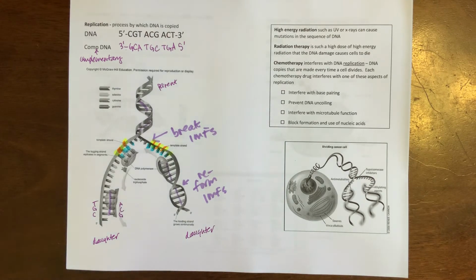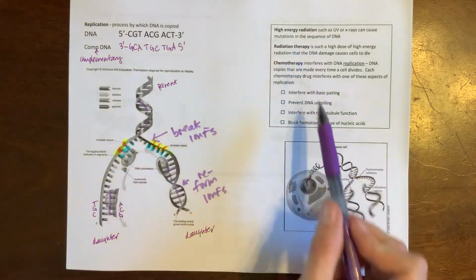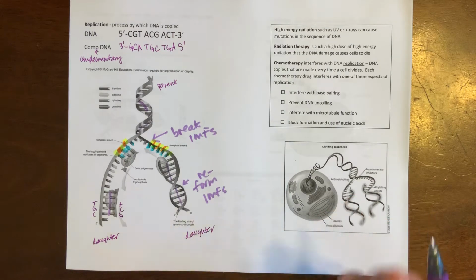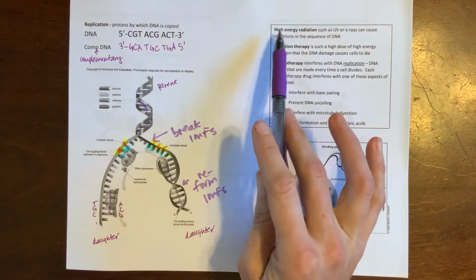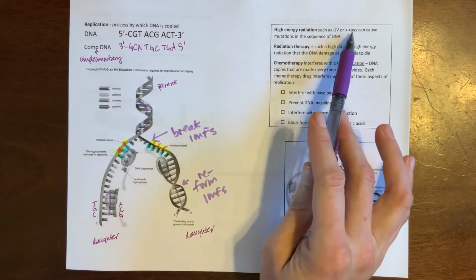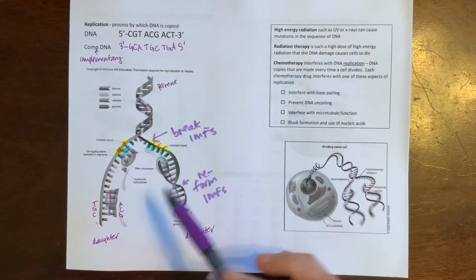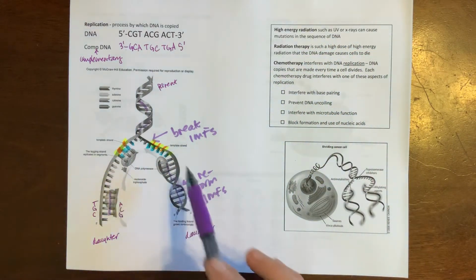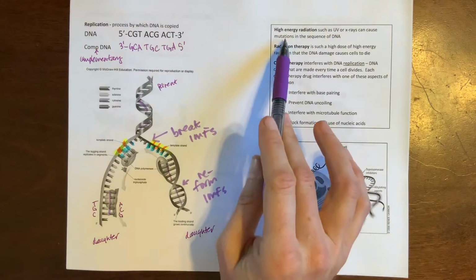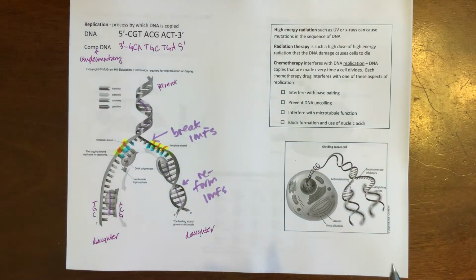So replication is kind of interesting also for not just what goes right, but also what goes wrong, and there's so much more depth than what we're going to go into here. But high energy radiation, such as ultraviolet or X-rays, can cause mutations as this whole process is happening. And maybe you've heard about those mutations even with the coronavirus that's happening right now.